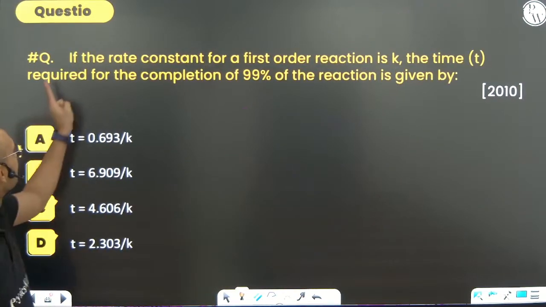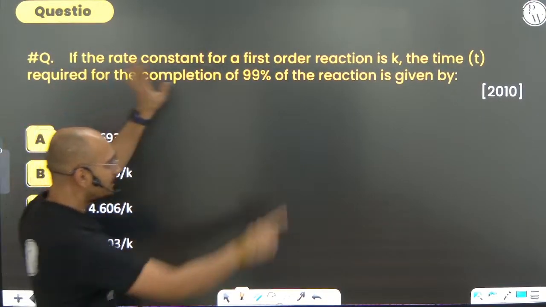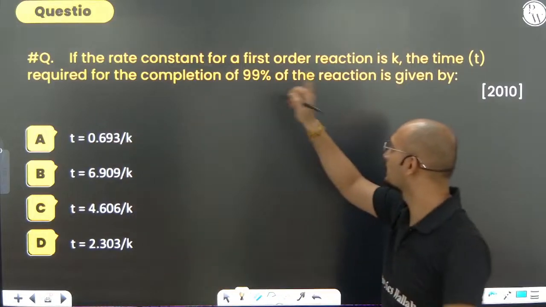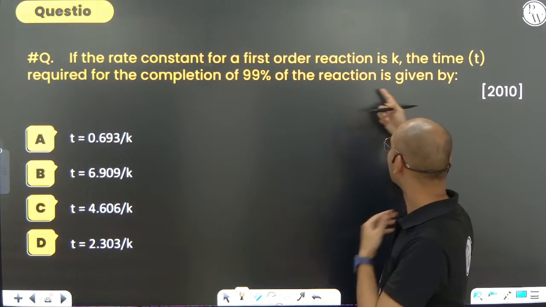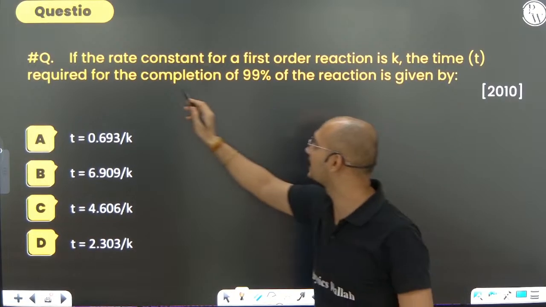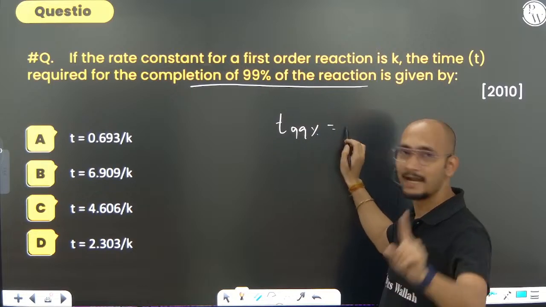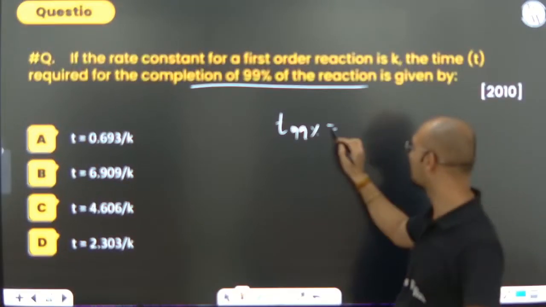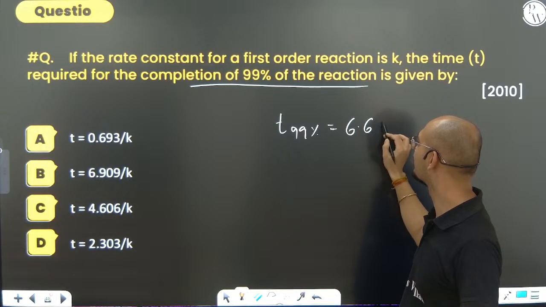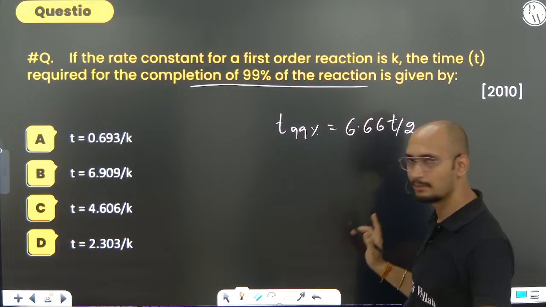Next. If the rate constant for the first order reaction is k, and the time t is required for the completion of 99% of reaction. It is telling that the time required is T 99%. I hope you remember I told you some relations. T 99% equals 6.66 times T half. Yes or no? Remember?